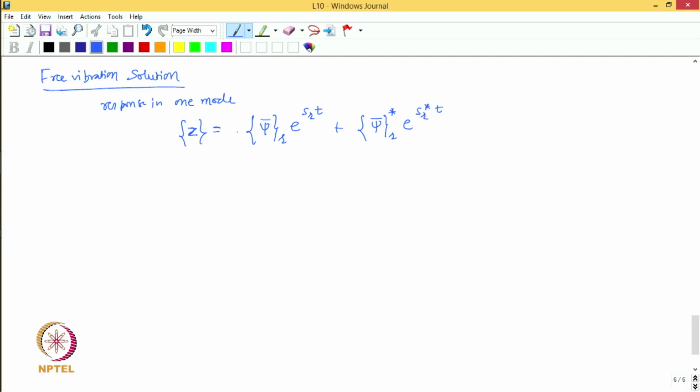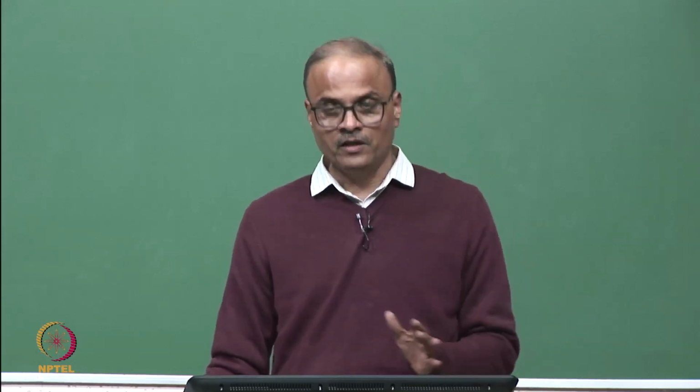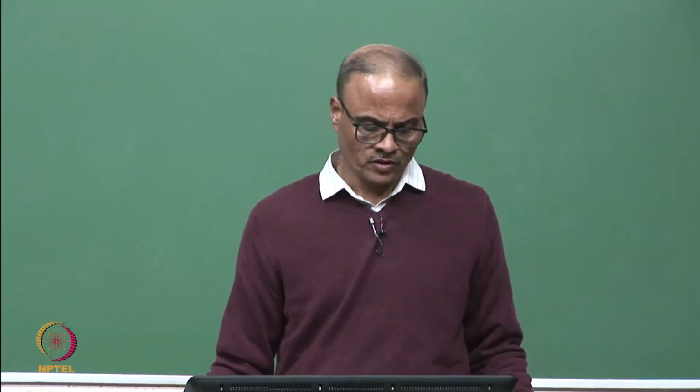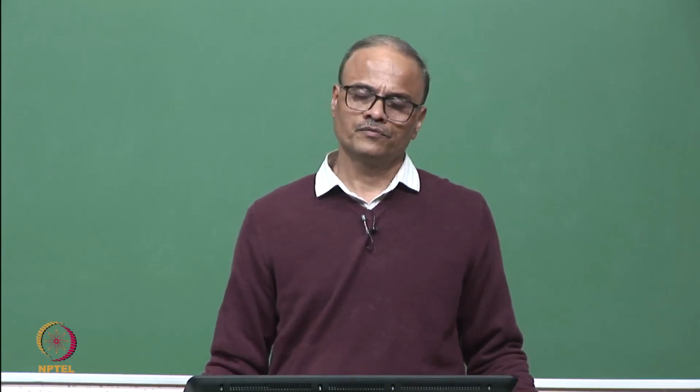And then we have the coefficients, say let us call it A_r. So, this A_r is an arbitrary constant. If you have all the modes participating, which is going to be the general case because of arbitrary initial conditions, then a linear combination of the solution in all the modes would give us the free vibration solution.